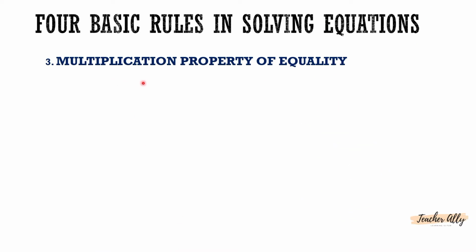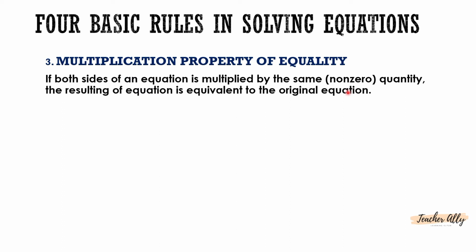Next, the multiplication property of equality. If both sides of an equation are multiplied by the same non-zero quantity, the resulting equation is equivalent to the original equation. Example, E divided by 8 equals 25.